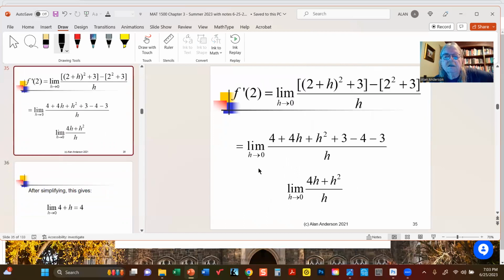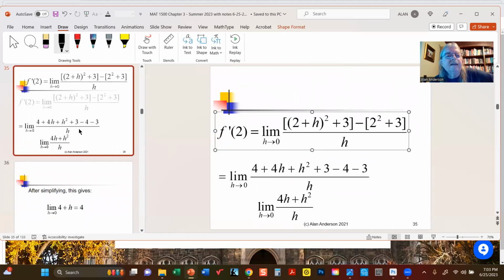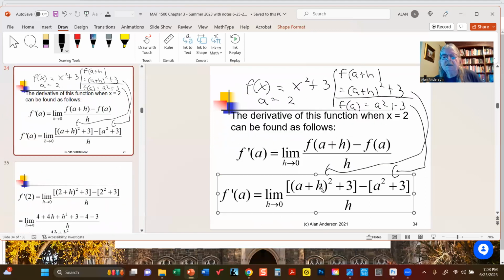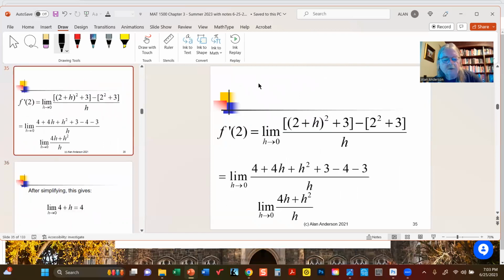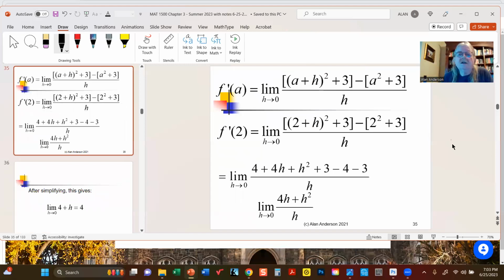Okay. So let's see. I think I will copy this to the next slide. Again, so that we don't have to keep scrolling back and forth. If you notice, all that happened in this line is that all the a's are being replaced with a 2. Now they're expanded.